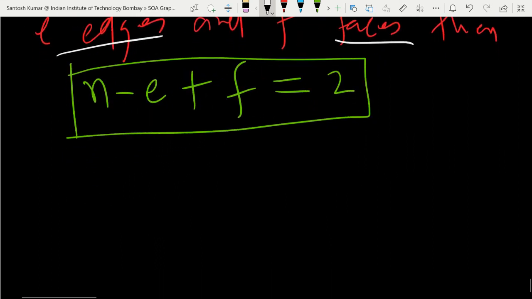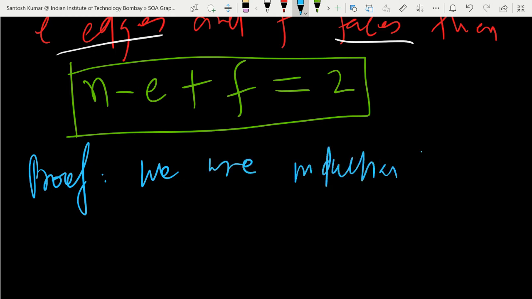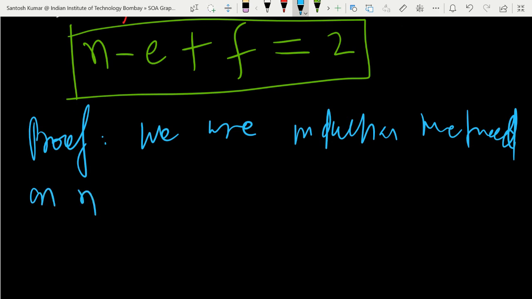So let's start with proving using induction. So we will use the induction method on n to prove the above theorem.